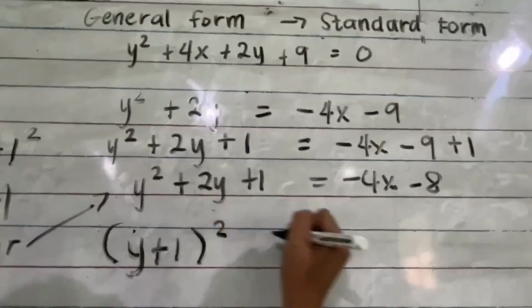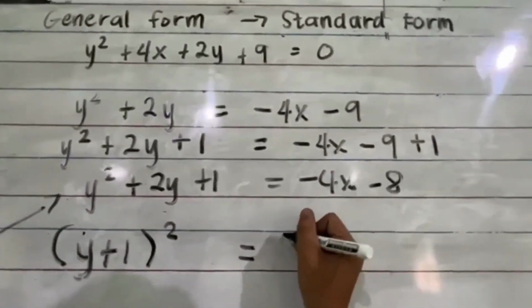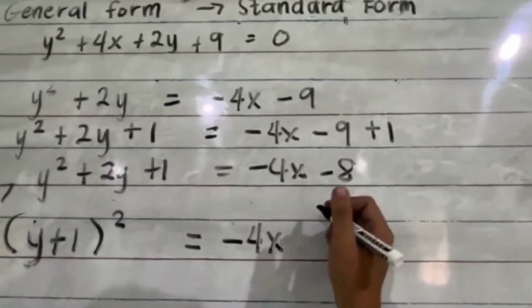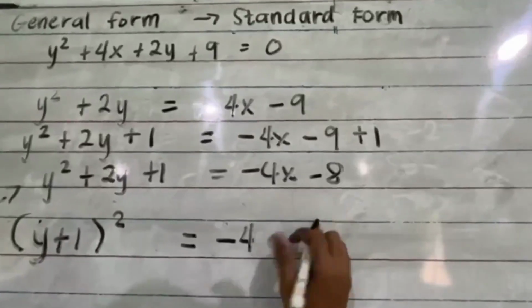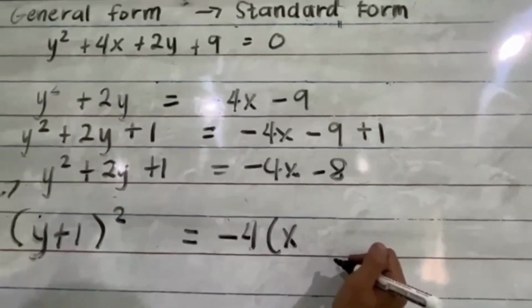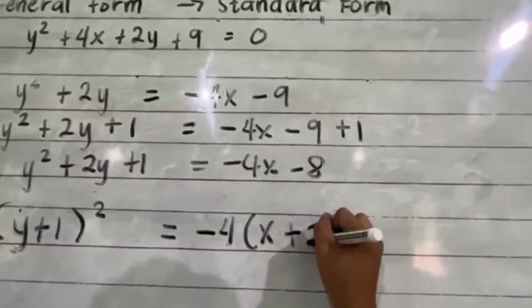When using FOIL, you will get the answer of y squared plus 2y plus 1. And then -4x minus 8 factor is -4 quantity of x plus 2.